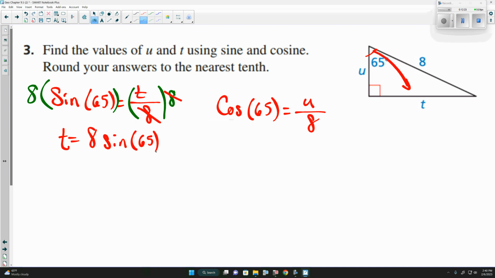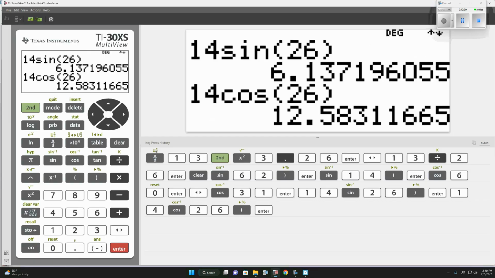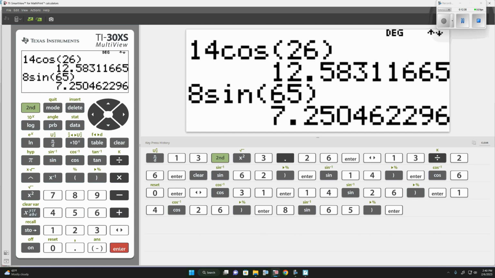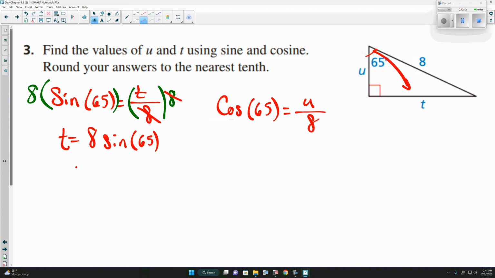Is the variable by itself? Yeah, t is by itself, so 8 sine of 65 degrees is 7.25, or rounded to the nearest tenth would be 7.3.